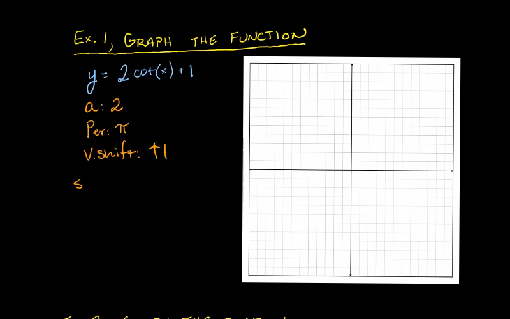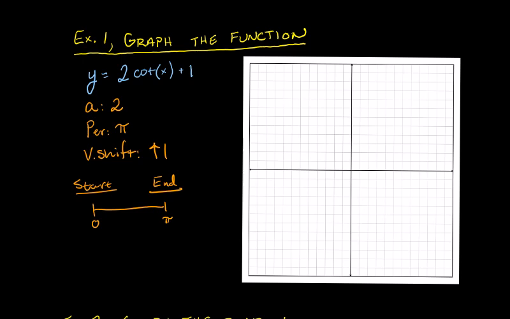So we're going to find our start and our end, right? And let's make sure we're very clear. This can become confusing with tangent because tangent and cotangent start and end in different spots. So tangent starts at negative pi halves and ends at pi halves. But cotangent starts at 0 and ends at pi.